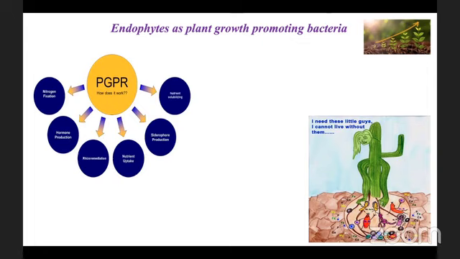So we have to maintain the microbiota of a plant in a more efficient way, or we can provide them externally also. Plant growth promoting bacteria is shortly known as PGPR. On the left side of the picture, we can see PGPR, that is, plant growth promoting organisms or bacteria. So how can they promote the growth of plants?